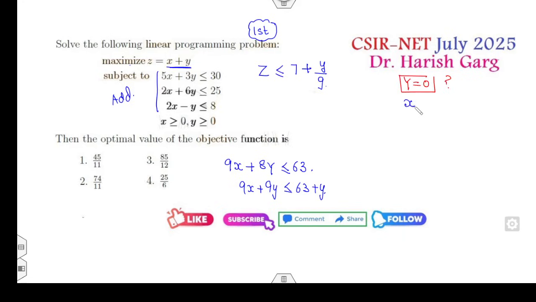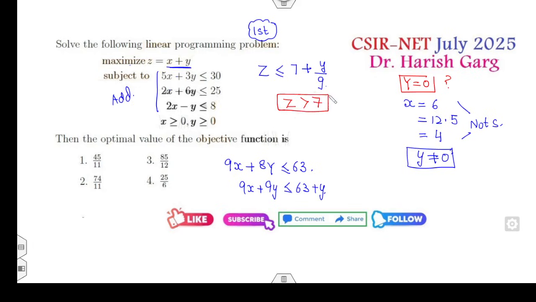If y is equal to 0, what is the value of x from the first case? 6, then 12.5, then 4. They are not the same. So if they are not the same, that means y can never be 0. Fine. If y can never be 0, that means the answer must be greater than 7.